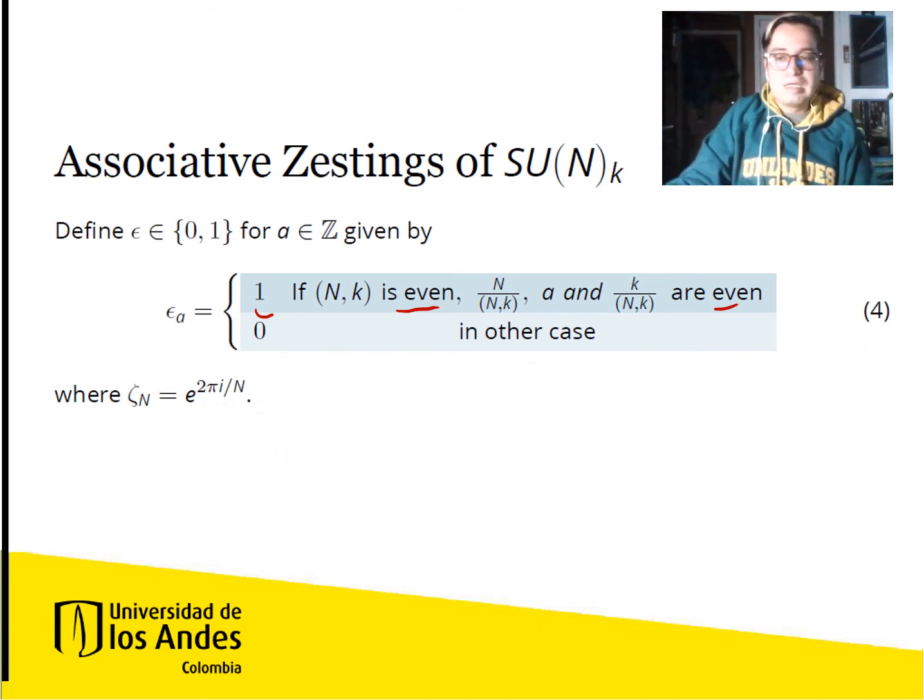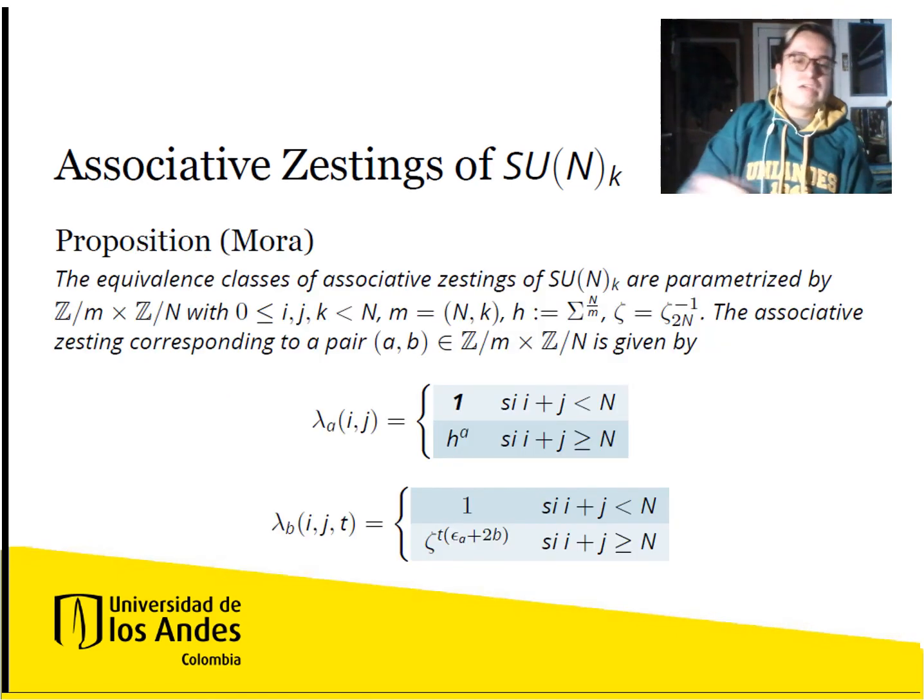So the classification of all the possible associative zestings of SU(N) level K is the following. All the possible zestings are parameterized by this group C_m × C_n, where n is the level of my category and m are these numbers here. And we have this description for the associative zesting.